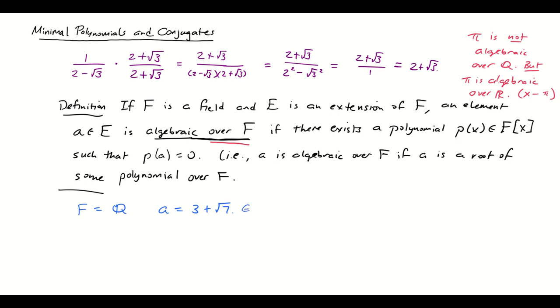This belongs to Q adjoin the square root of 7. That may not be the only field extension containing 3 plus root 7, in fact it most definitely is not, but it's perfectly good for this example. Now, here's a question: is a algebraic over the rationals?